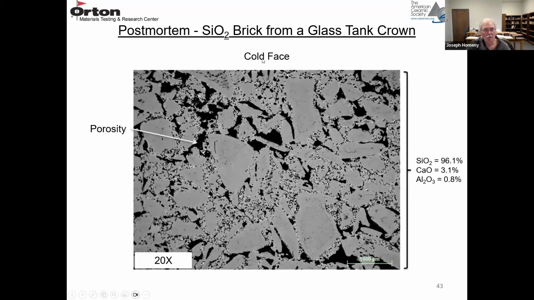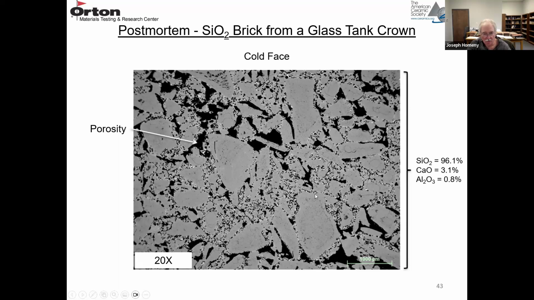So this is the cold face of a silica refractory. The black is the porosity. At 20x magnification, the chemistry in this field of view is about 96% SiO2, and then there's 3% CaO. That's the mineralizer that's added to convert the quartz to tridymite and cristobalite.